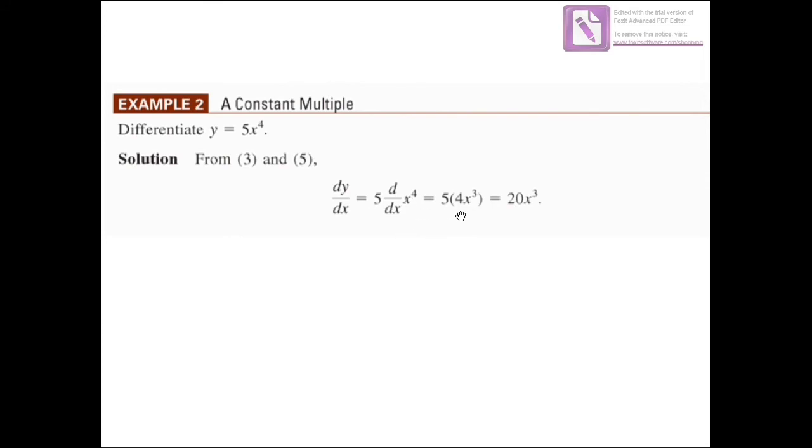For the derivative of x to the power 4, we will use the power rule, it will be 4x to the power 4 minus 1, which is 3. So now we have 5 multiplied by 4x cubed. 5 multiplied by 4 will be 20, and here we have x cubed. So the derivative of 5x to the power 4 will be 20x to the power 3.